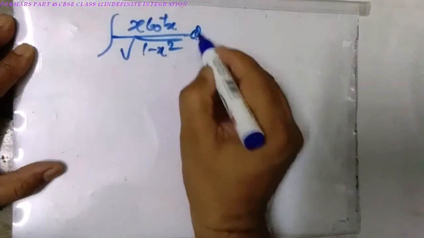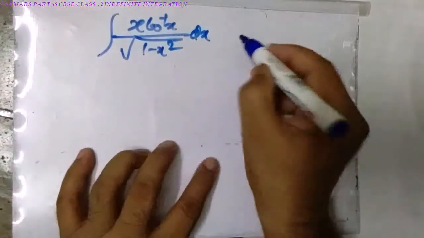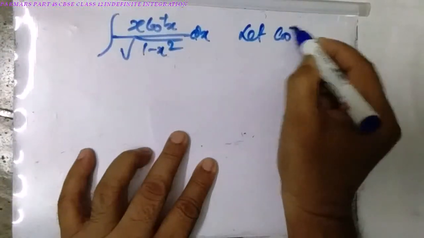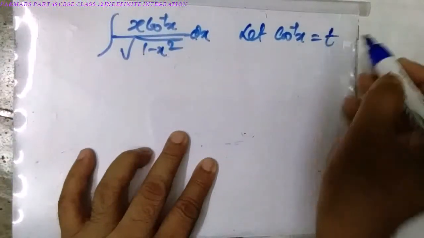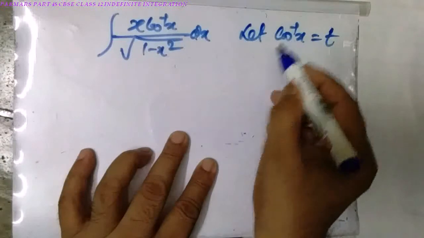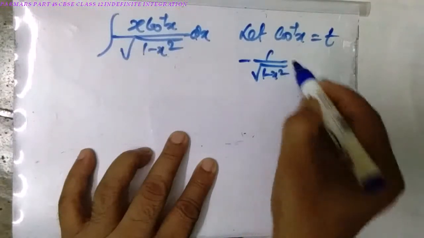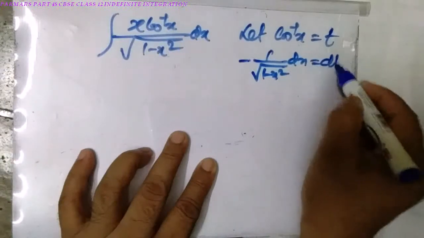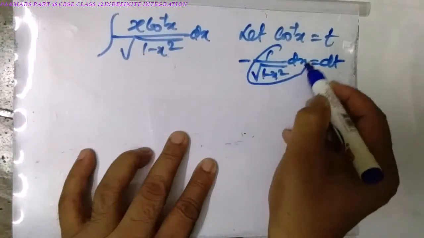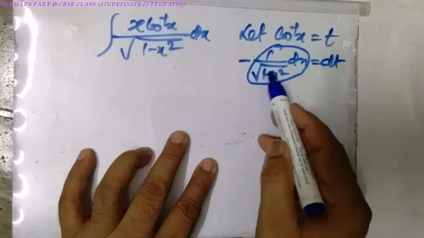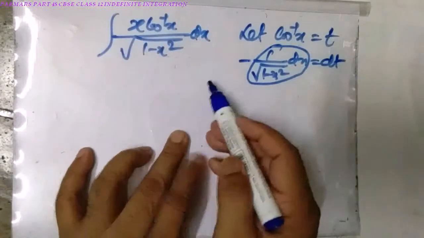Okay, here I am going to let by substitution cos inverse x as t. So on differentiation we find that minus 1 by root under 1 minus x square dx is dt. So dx by root under 1 minus x square is minus dt.